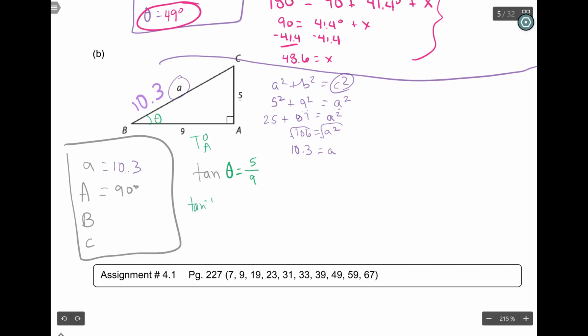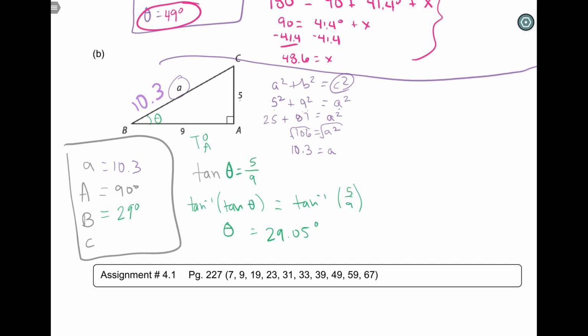So I take inverse tan of tangent theta, it's going to be theta, and then inverse tan of 5/9. So inverse tan of 5/9 is actually equal to 29.05 degrees. Remember, we just round to the nearest one. So this B angle is 29 degrees. If you got an answer of 0.507, that's in radians. I mean, that's fine. It's just easier to say it in degrees.